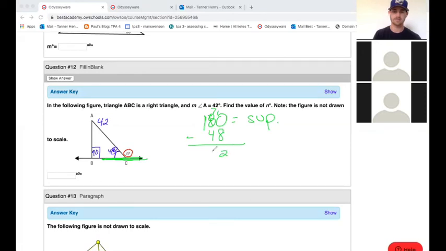You're left with 132. Perfect. Don't, I did it way too fast. We just found 48, and that's what I would have put in the answer, so I'm glad we checked. But it's asking for angle N. So angle N is 132 because a straight line adds up to 180. We already have 48, so 180 minus 48.